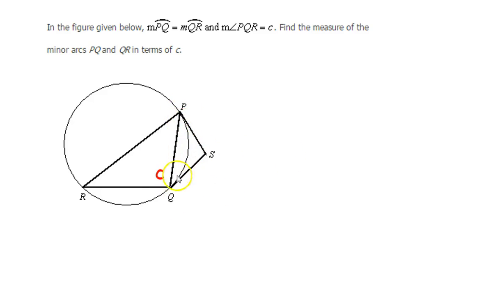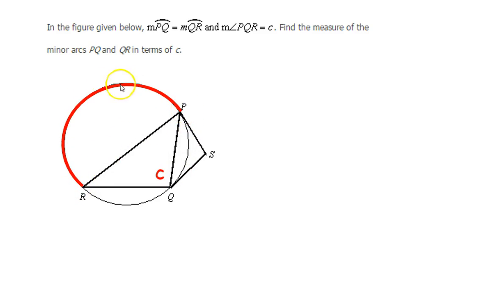And we know that this angle right here, PQR, is C. This angle PQR is an inscribed angle. That means that the vertex of the angle is on the circle. And since the vertex is on the circle, the intercepted arc of this angle is twice the angle measure. If we see what arc this intercepts, PQR intercepts the arc from R all the way around to P. So the intercepted arc of angle PQR is this red arc here, because this angle opens up to, or intercepts, that part of the circle.